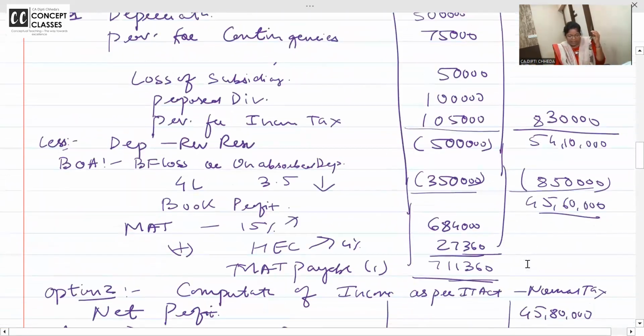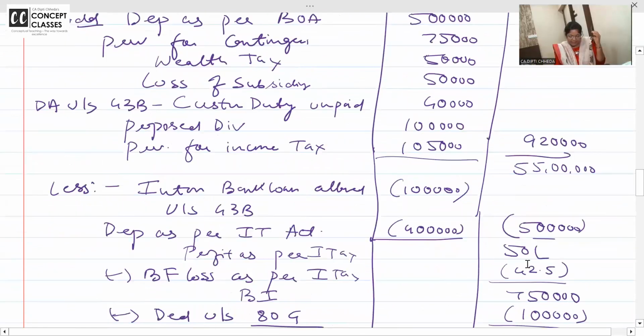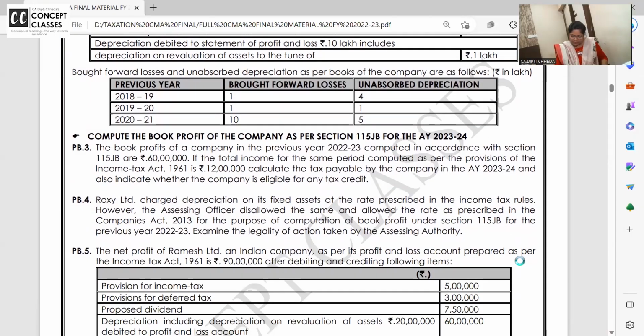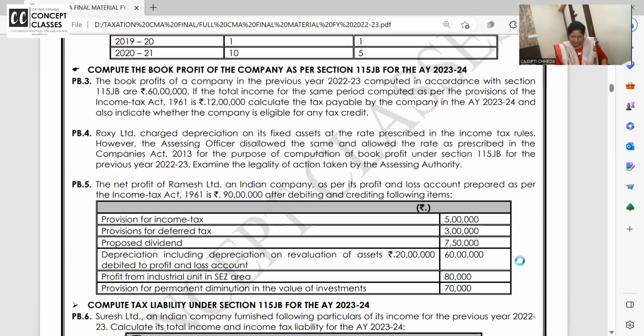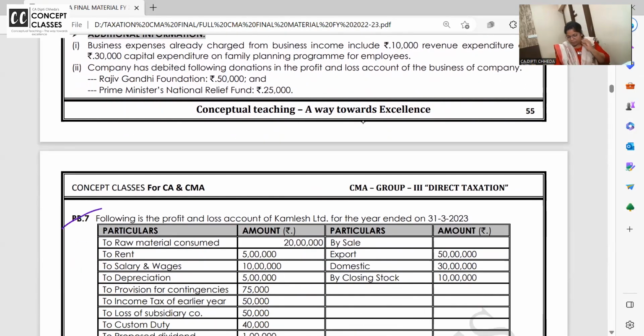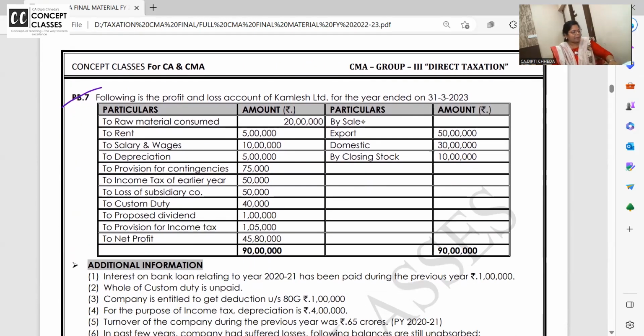Second problem, add and less, and then directly the seventh problem. Second and seventh are over, or anything more? Second is over. Third, fourth are just comparatives. And then we did the seventh problem. Okay, right. For MAT purposes, do we give ATG and all those deductions?